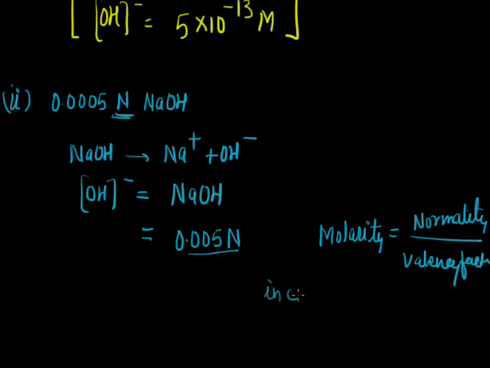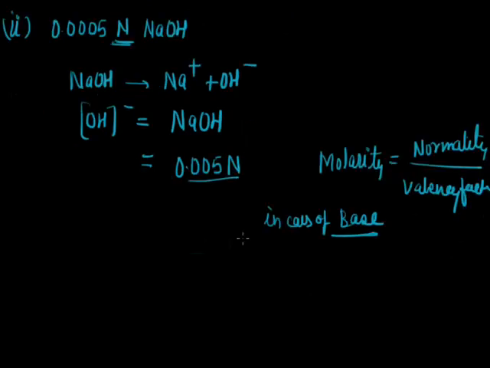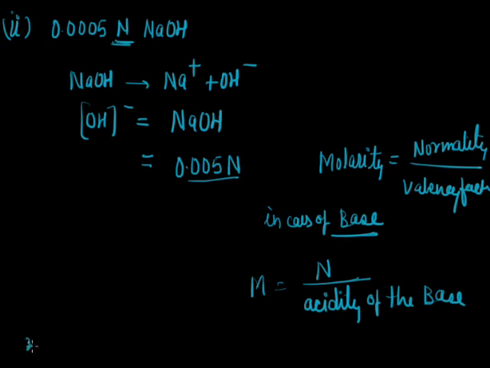In case of a base, the valency factor depends on its replaceable hydroxyl ion. So its molarity will be equal to normality divided by the acidity of the base. We know that NaOH is monoacidic.